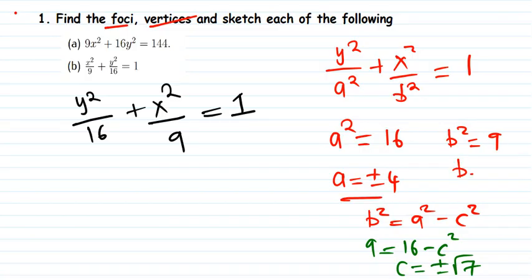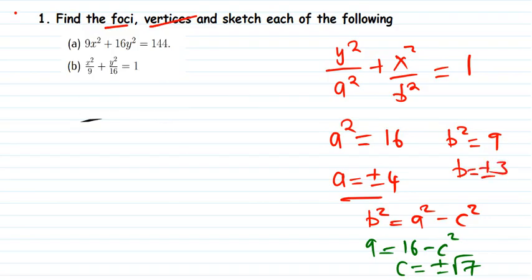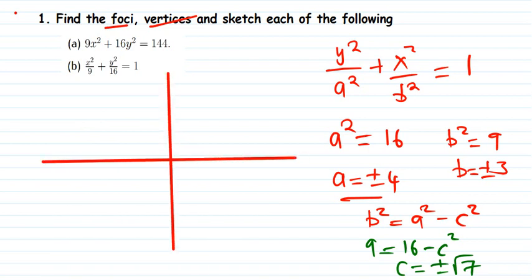So our b is plus or minus 3. Now don't forget, this is going to be along the y-axis. So we have to put the foci inside. So foci is going to be a smaller value if you compare a and c.